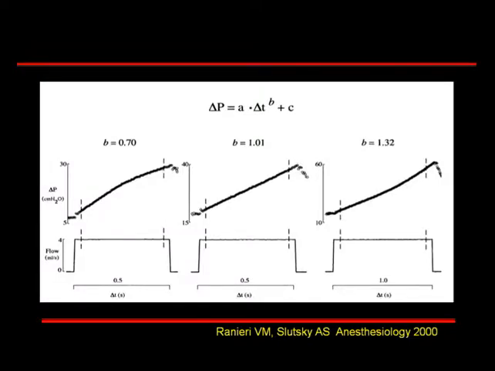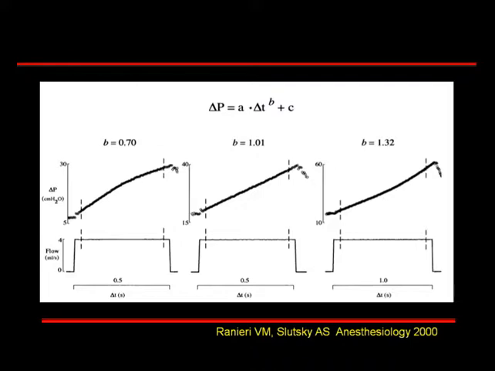In 2000, after my sabbatical at the University of Toronto, we published this paper in Anesthesiology. What we wanted to look at was the use of the pressure time curve to detect the presence of ventilator-induced lung injury. During constant flow ventilation, the shape of the curve can predict the changes in respiratory compliance.